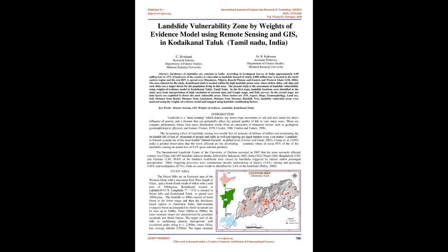Other triggering processes were construction, mostly undercutting of slopes, 3.4%, mining and quarrying, 1.8%, and earthquakes, 0.7%, while no cause could be identified for 3.4% of the landslides (Petley, 2008).